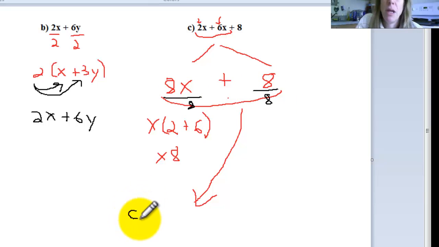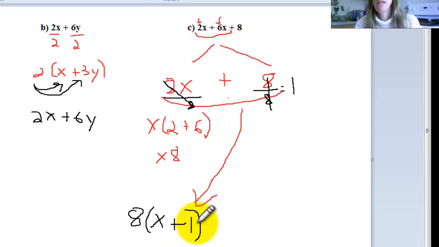So that means I put an 8 here, parentheses, and that would cancel to x. 8 over 8 equals 1, because any number over itself equals 1. This addition sign stays the same, and that's your answer.